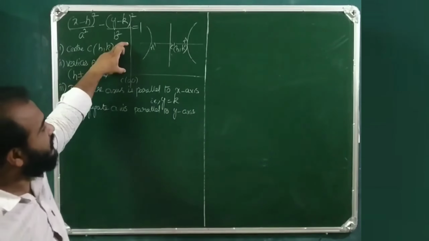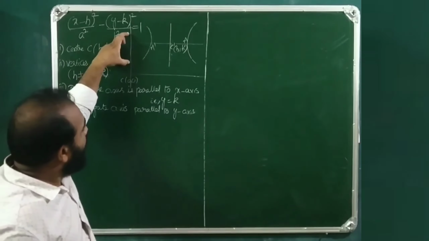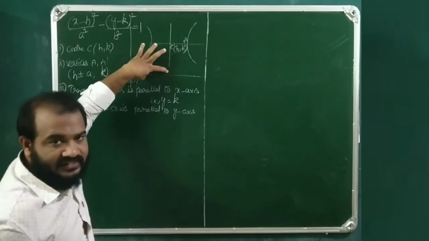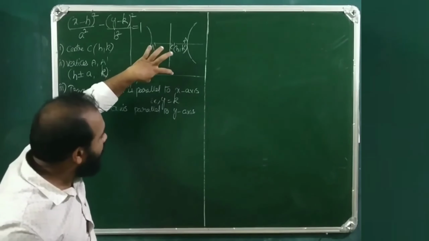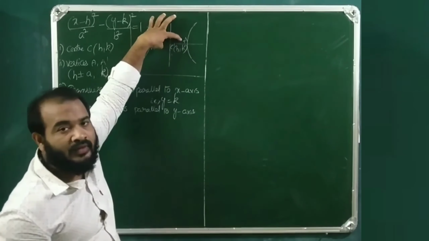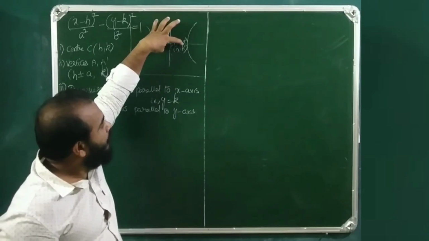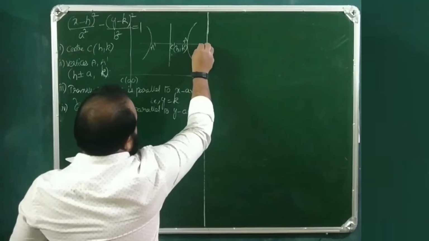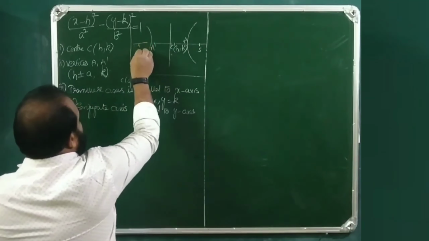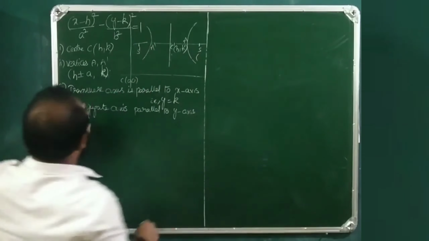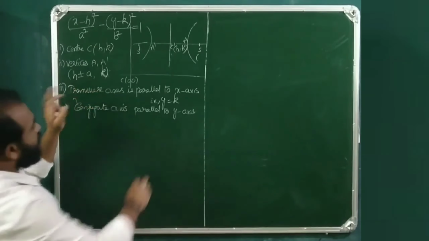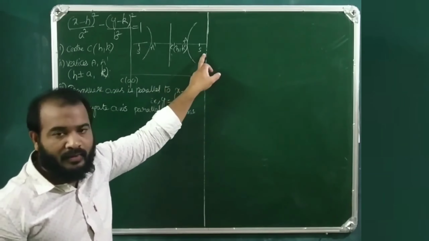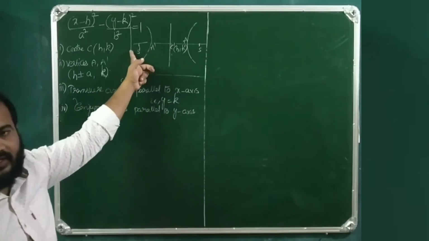So this is the y-axis, and the axis which was x equals 0 has now moved parallel to itself. The vertices are h plus or minus a comma k: h plus a comma k, and h minus a comma k.